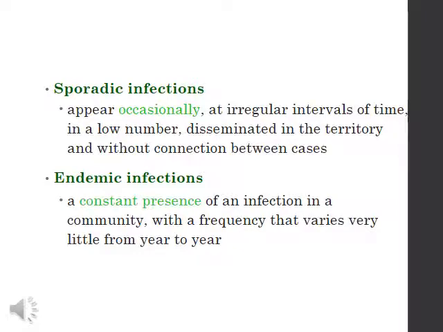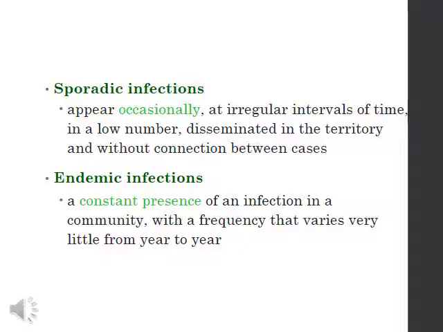Okay, so in sporadic disease, we cannot calculate statistics such as its mortality rate, infectious rate, or positive rate, because these are sporadic in different areas.